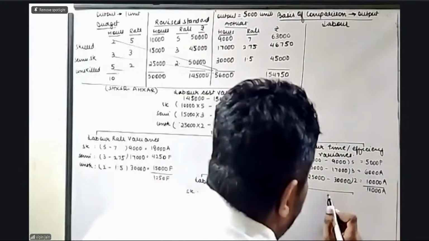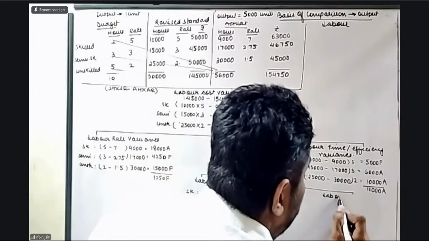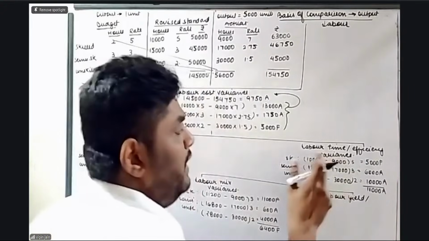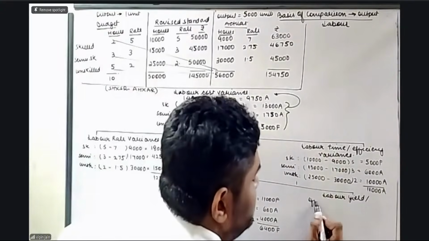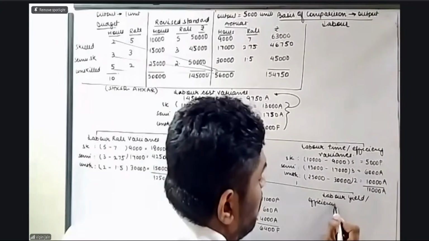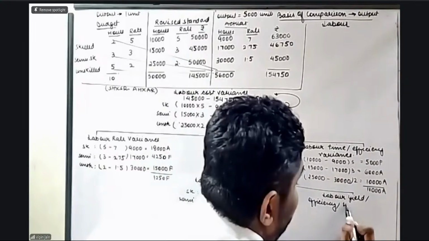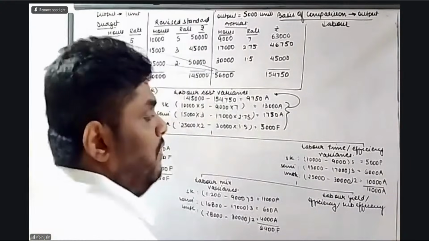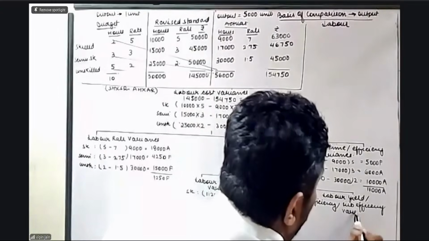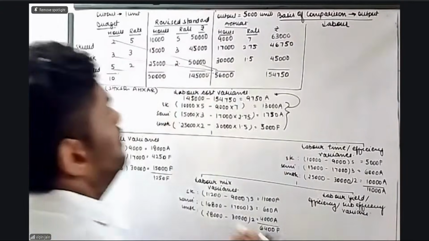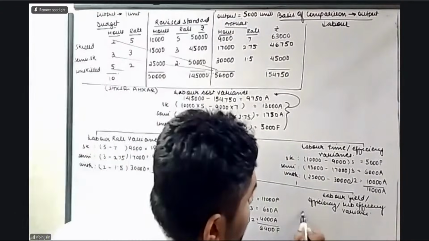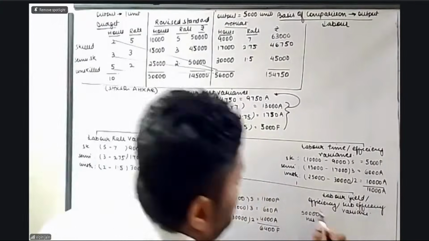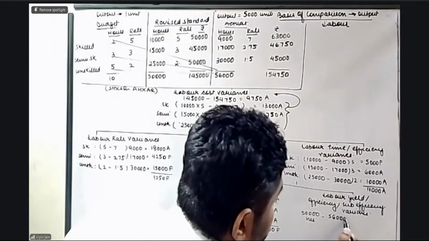Herein it was material yield variance. So herein it will be labor yield, or if we are calling it as time, then it can be efficiency, or it can be sub-efficiency also. Variance. The work was supposed to be completed in 50,000 hours. We completed in 56,000 hours.